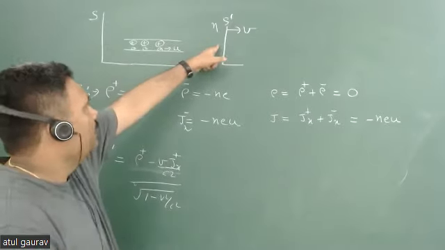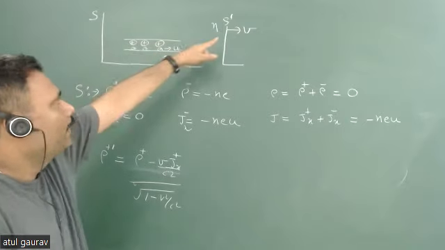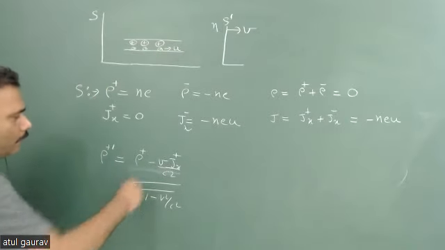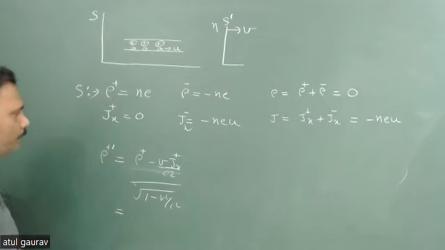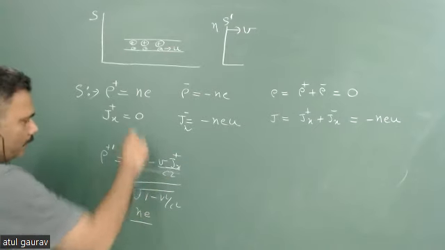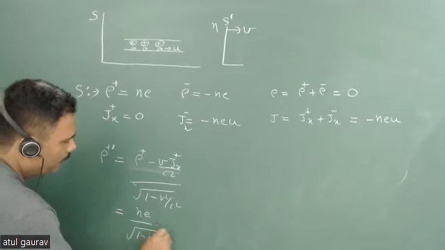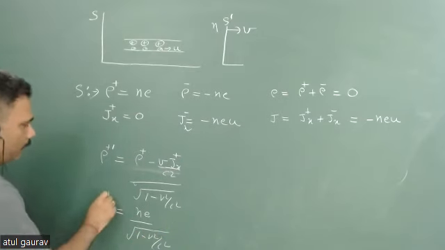This S dash is moving with respect to S, or with respect to this wire, with velocity V. So that value is equal to Ne, and this Jx plus is 0, divided by root under 1 minus V square upon c square. So this will be rho plus dash.